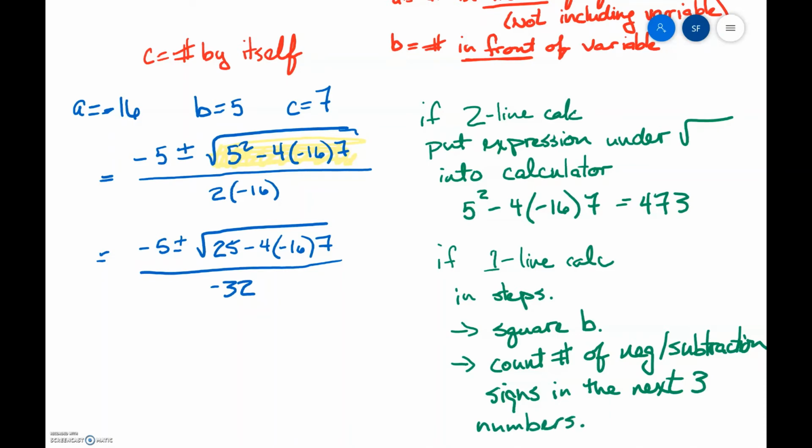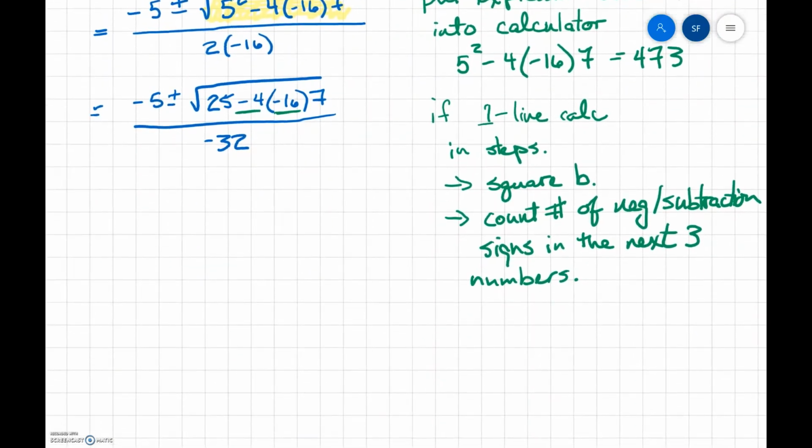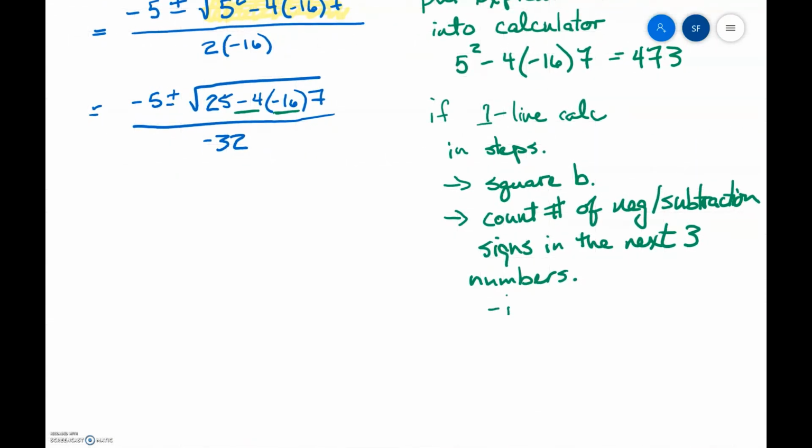So for us, this number has a negative, that number has a negative, but 7 does not have a negative. So I have two negative signs, and the deal is if it's even, put plus. If it's odd, put subtraction.